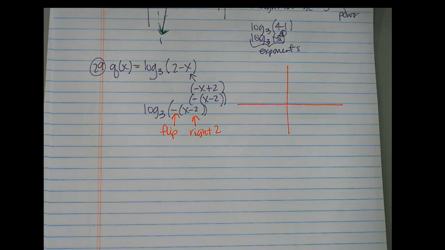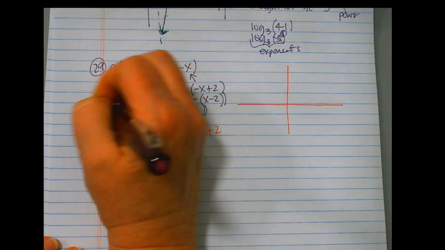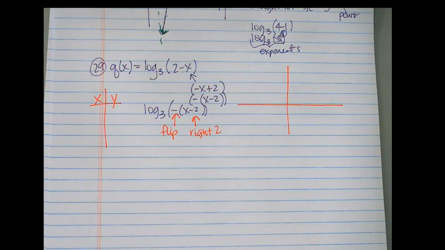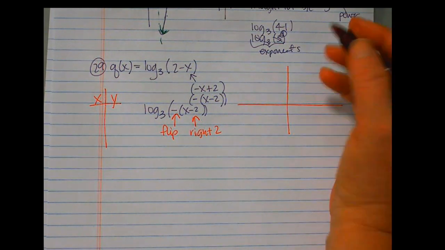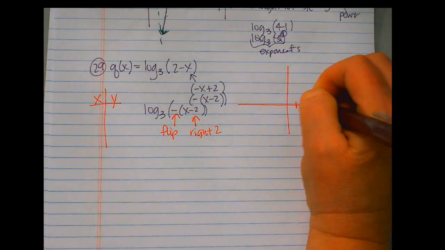Okay, so we flipped it and we moved it right 2, which means we need to consider what to put in my XY chart. So let's say, what could we do? If it moves right 2, but it got flipped, then it would have started here.